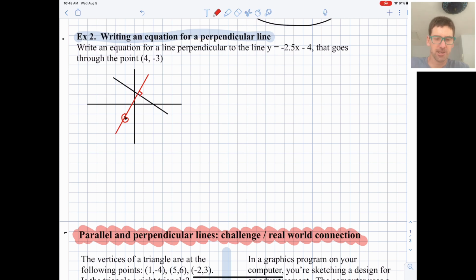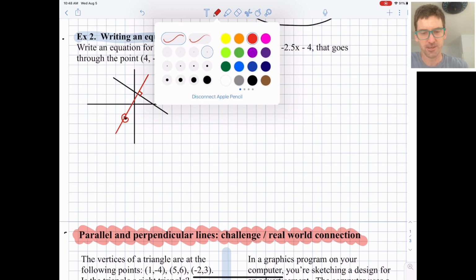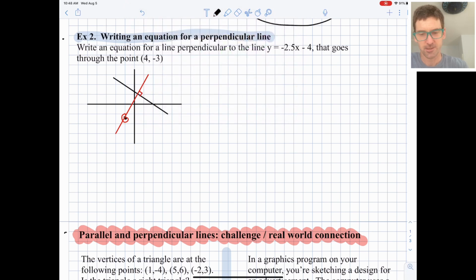All right, so we actually have a little bit of an easier situation here because we already have the slope of our given line. I'm going to write that slope as a fraction, negative 5/2. So that's our original slope. So our new slope is the negative of that with an inverted fraction, so a positive 2/5.